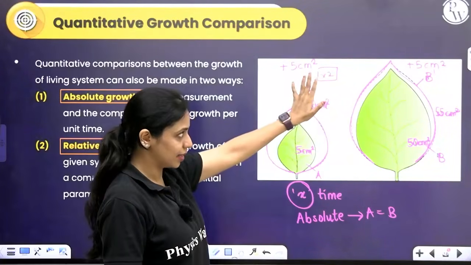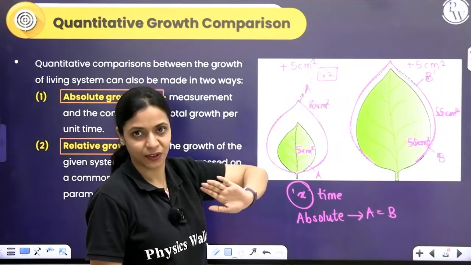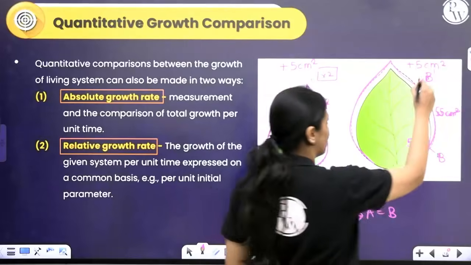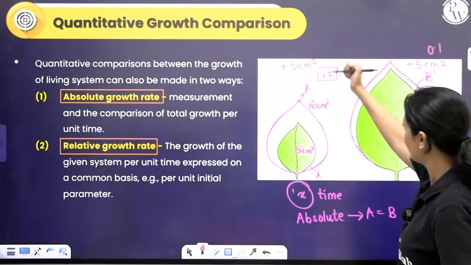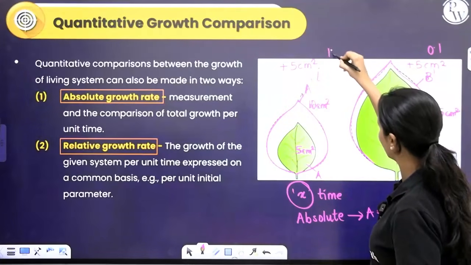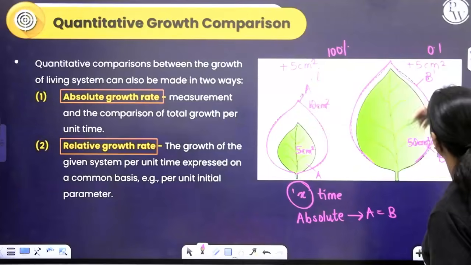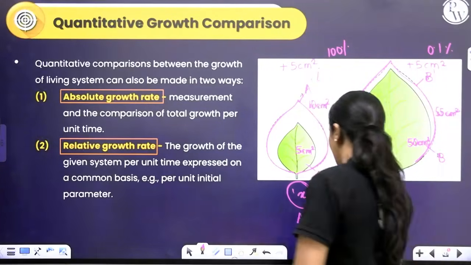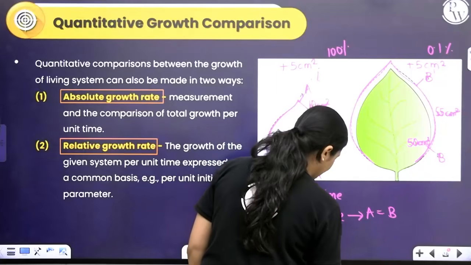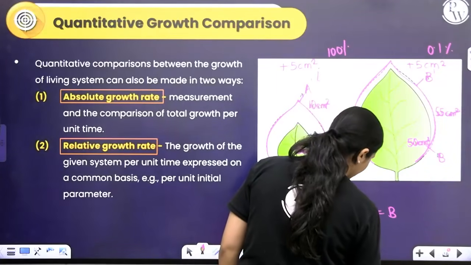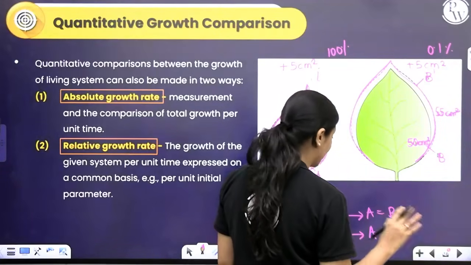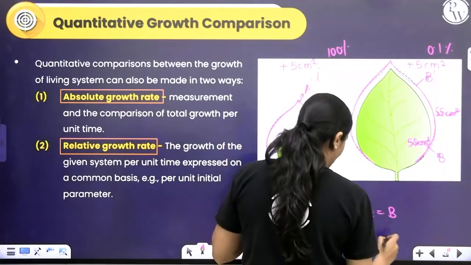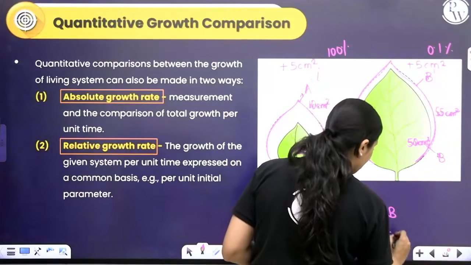It has increased by 1/10, so that is only a 10% increase. Here you can see 100% increase, it has doubled. So in that way, if you take the relative growth rate, A has shown a greater relative growth compared to B.